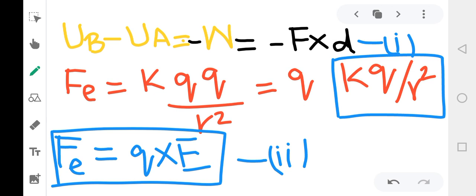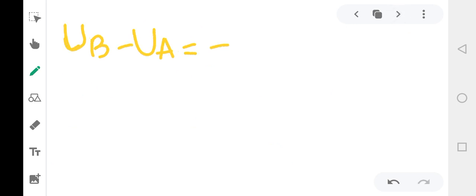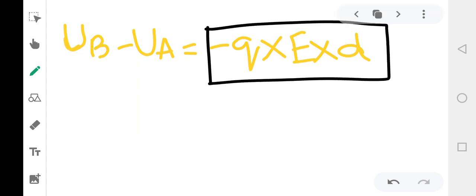Now I will put equation number 2 in equation number 1, putting the value of force here. The potential energy difference UB minus UA was equal to minus F into D. Putting F equal to Q into E, it becomes minus Q into E into D. This is our final expression of the electric potential energy difference.